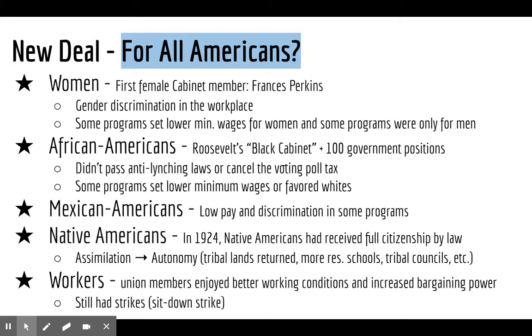Okay, for African Americans, Eleanor Roosevelt was a huge proponent of civil rights. So there's going to be a lot of good things, but a lot of hard things too. So there was a bunch of African Americans, Black Americans, appointed into high federal government positions, at least 100. And one of the main leaders, oh my gosh, Mary Bethune, I think is her last name.